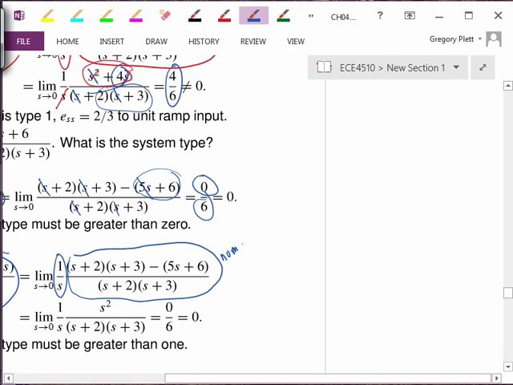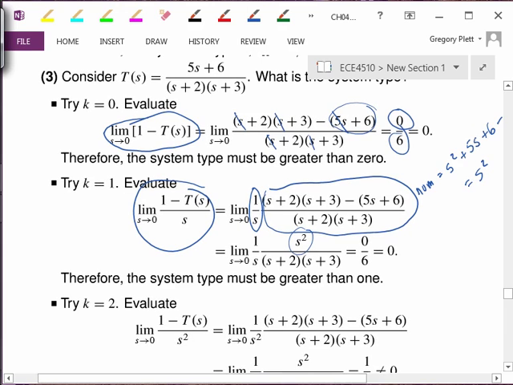So my numerator equals s squared plus 5s plus 6, and then minus 5s minus 6 gives me s squared. That's what we have there. When I divide by s, I've got that s there, and the s squared just becomes s.